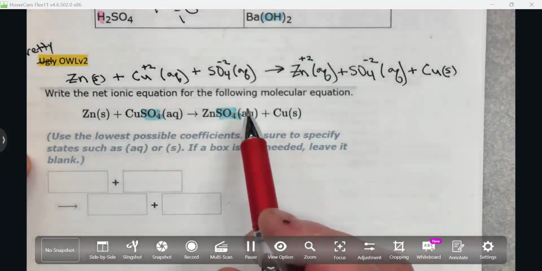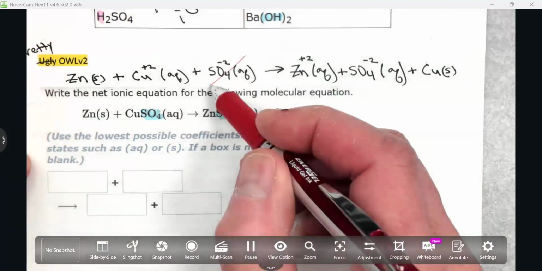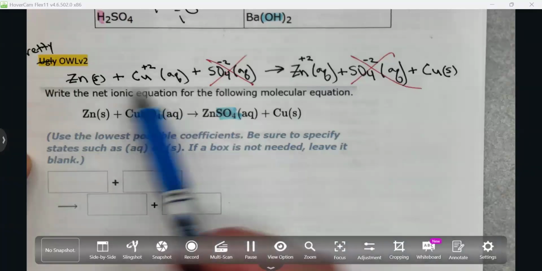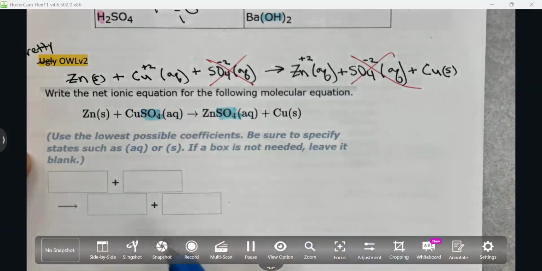Spectator ions: sulfates. Anything else to cross out? No.